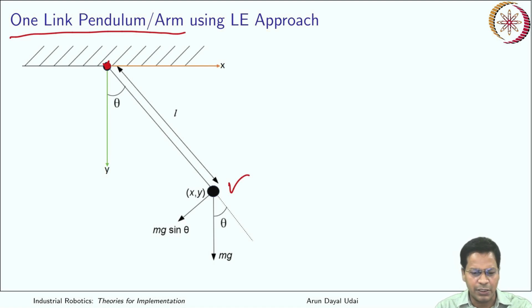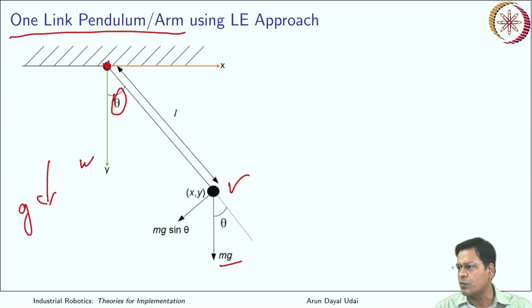This is your reference frame, about which the link subtends an angle theta. It has a mass, so it will have a gravitational pull along the direction of g. So it is mg, which is like this. This angle will also be theta.